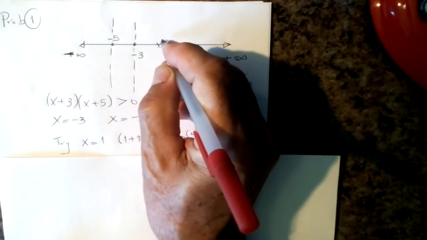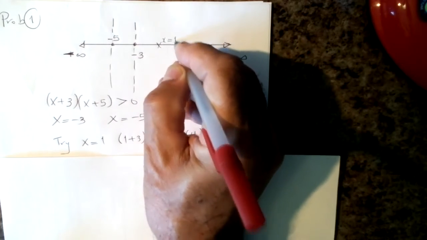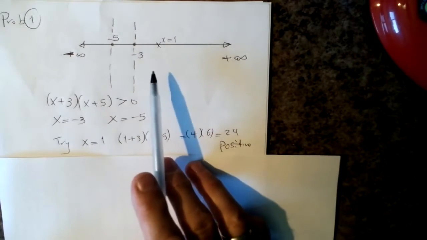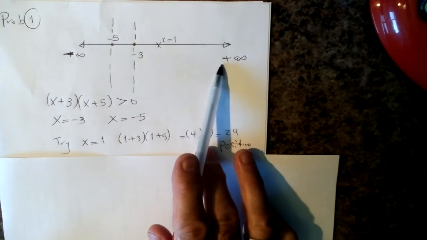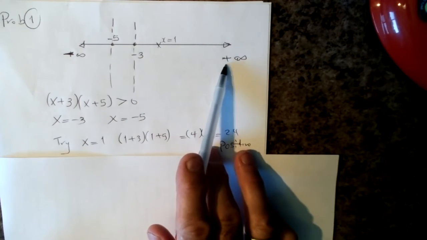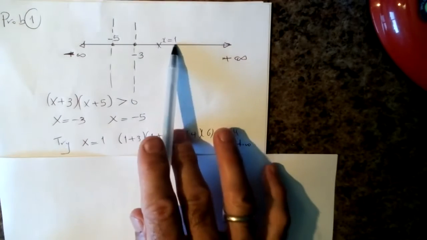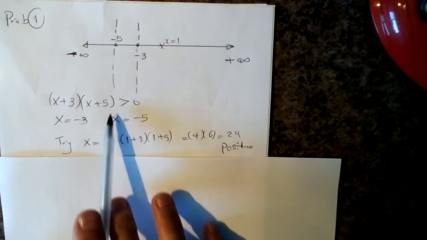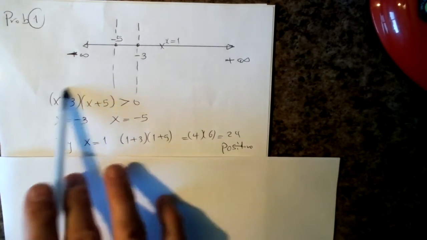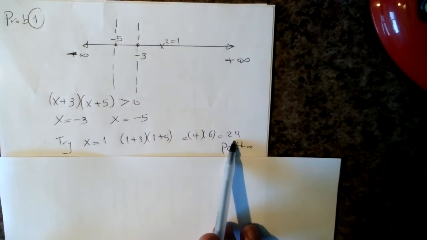Let's say x = 1 is here. You take an arbitrary number greater than minus 3 and less than positive infinity. You substitute that number here for x. The outcome is a positive number.